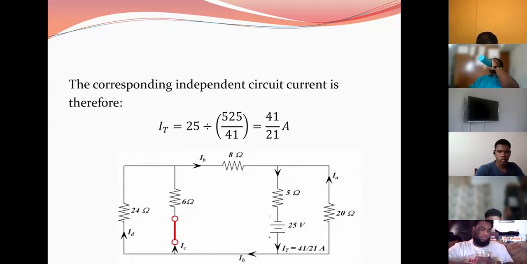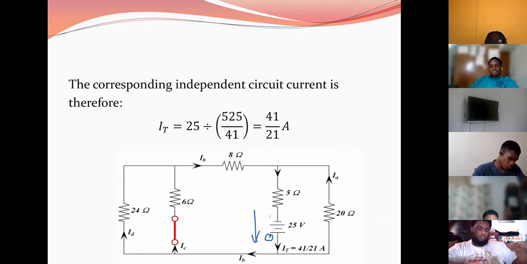Now here's the key, which is why I emphasize the point about magnitude and direction. With the 25-volt source, you note that the positive terminal is at the bottom, so it means that the current will be going downwards. Although in the analysis we weren't concerned about which direction the current was flowing, in terms of finding the currents through the other resistors, we have to be sure about the direction that we are considering.